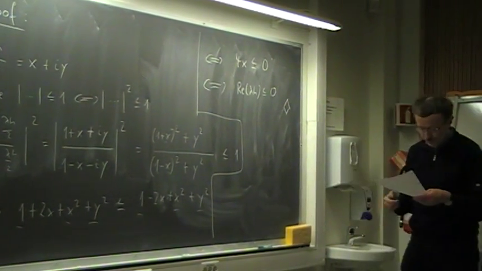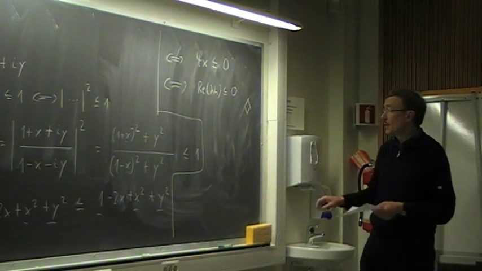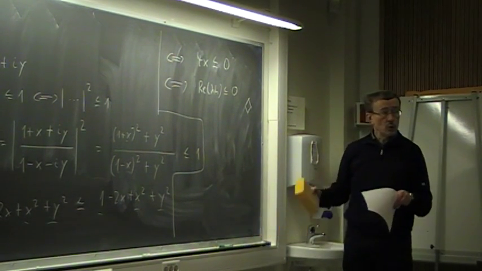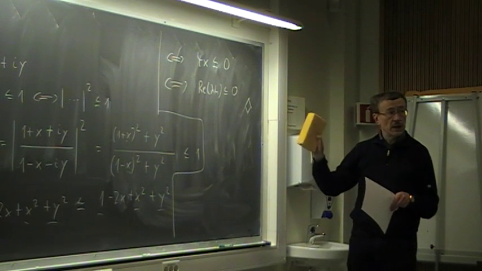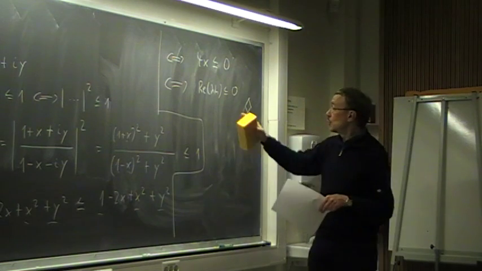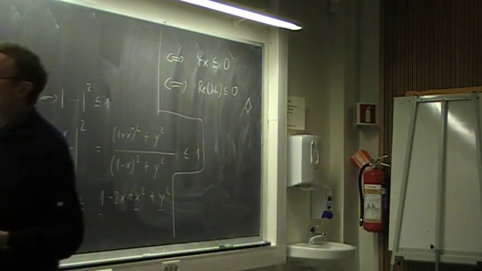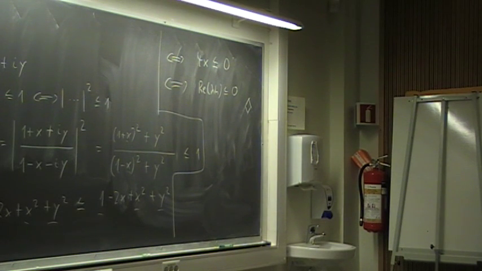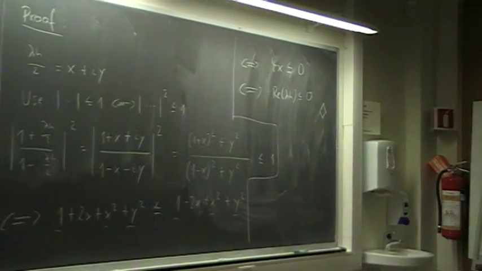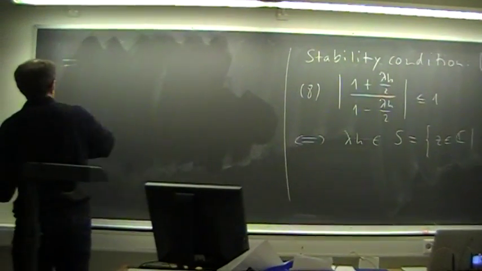So that is then our proof. And that means, regarding the stability domain, that it is now containing the complete left half of the complex plane. Because the complex plane is real and imaginary numbers. All that have negative real part are now inside the stability domain of the trapezoidal method.